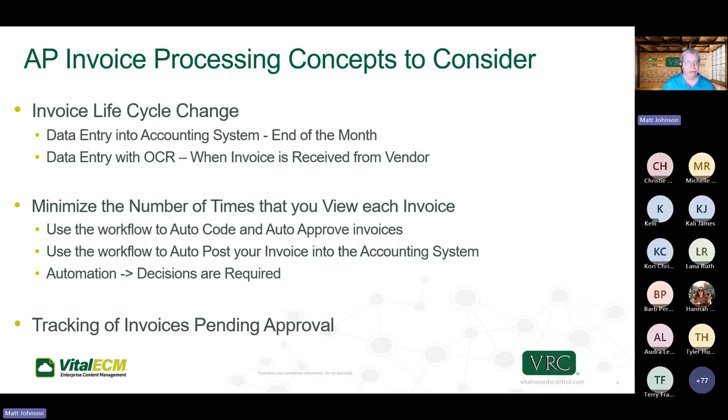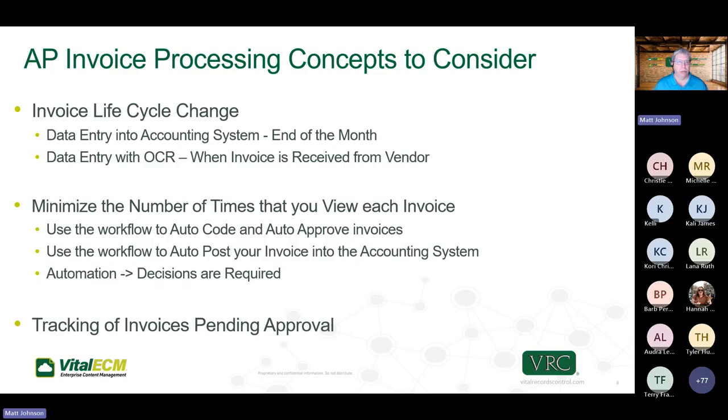It's fewer invoices that you would have to touch. So that's obviously important. The other thing we want to try to do is how can we automatically post this data into the accounting system? If we spent the time to collect data from the beginning, we've auto-coded the invoice and auto-approved it, let's see, can we automatically post the data into the accounting system, which is where that integration comes into place.